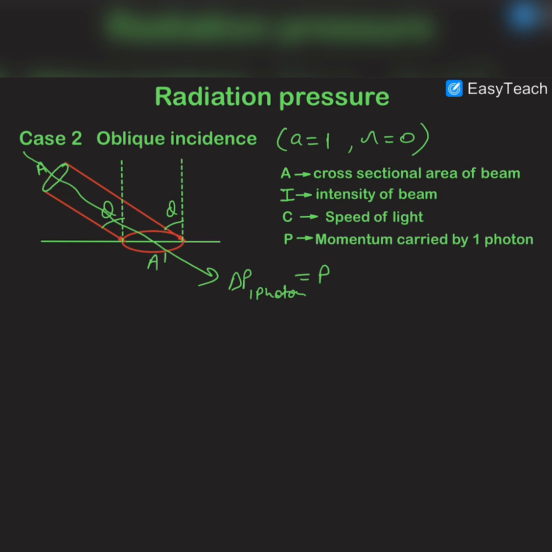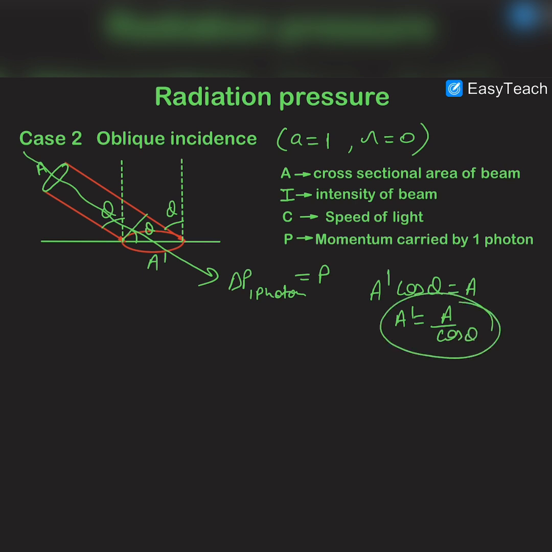Okay, now the area of the beam is A, and the area of the surface on which they are falling is A dash. The relationship between A dash and A is that A dash cos theta is equal to A. You can see that this angle will be theta, so A dash cos theta will be equal to A. So A dash is equal to A by cos theta.